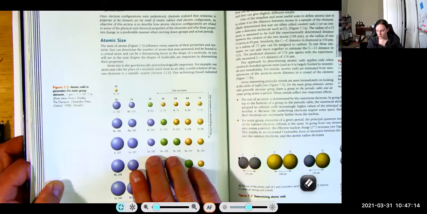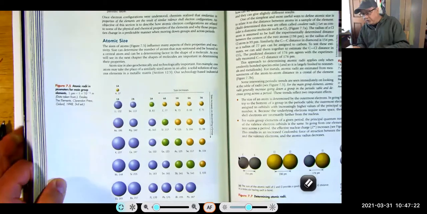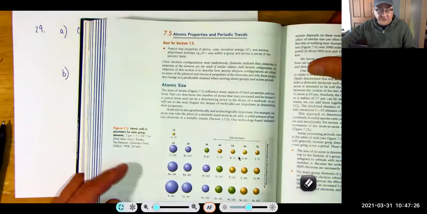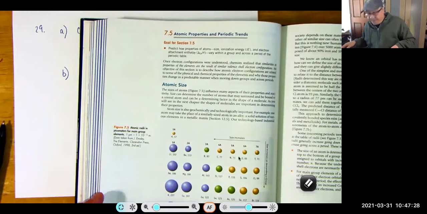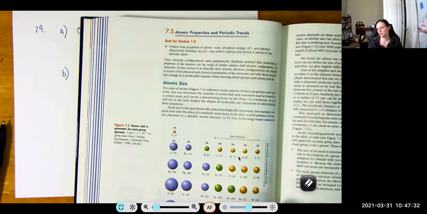So if we are asked a question like this, should we draw orbital box diagrams to confirm? No, but you should be able to explain why they get smaller when we go across. Because they occupy larger L?